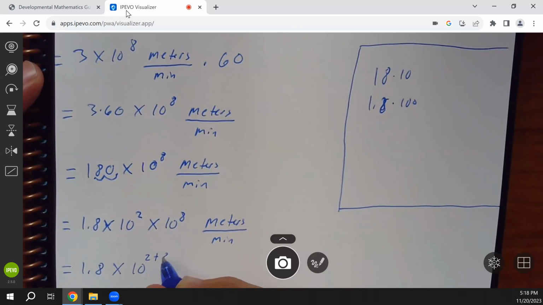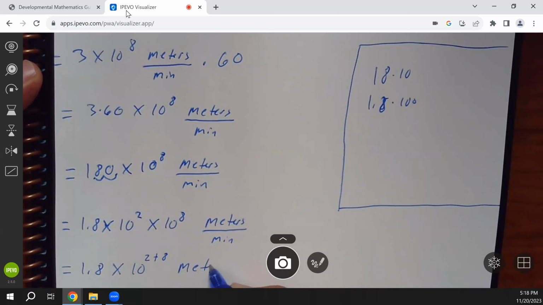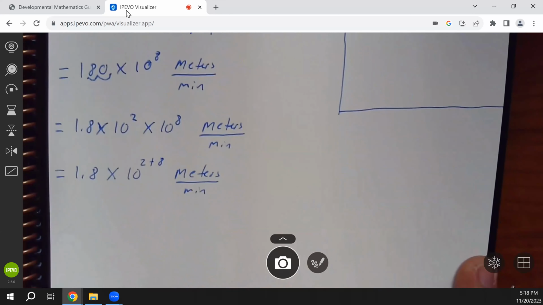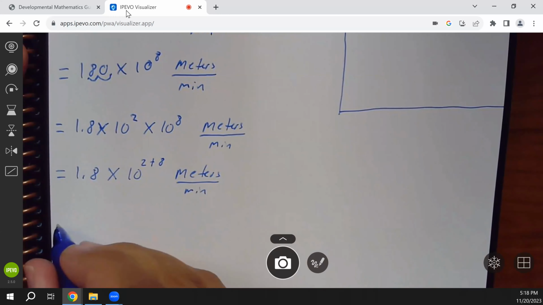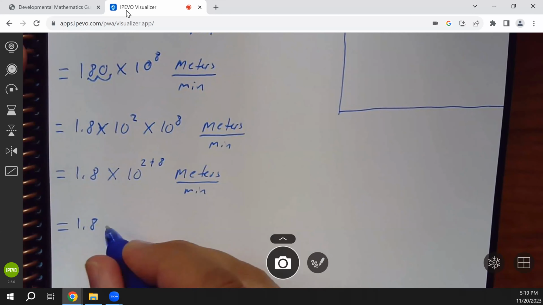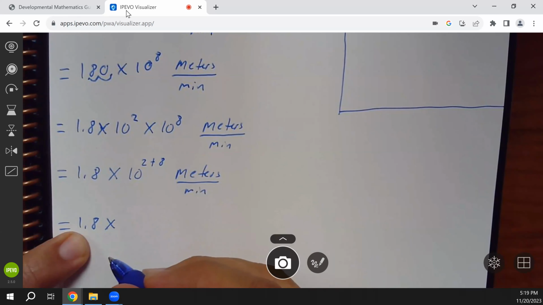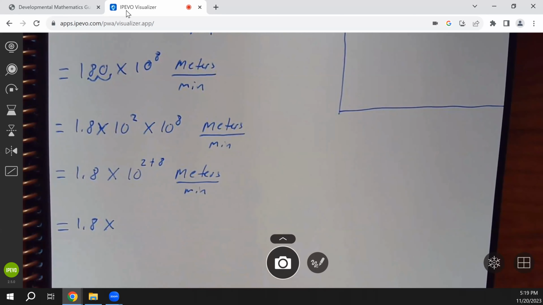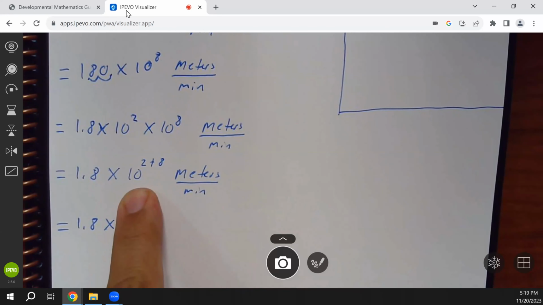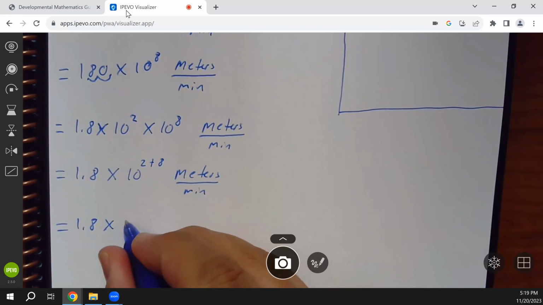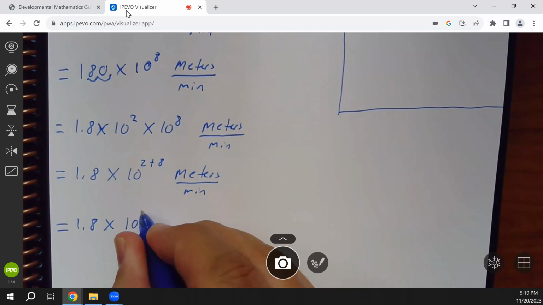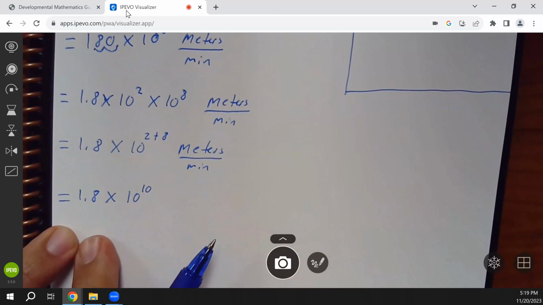You know what I'm saying? Where they're going with this? Now I have this in scientific notation because this is less than 10. So I move the 10s over to this. So instead of having 180, I now have 1.8.